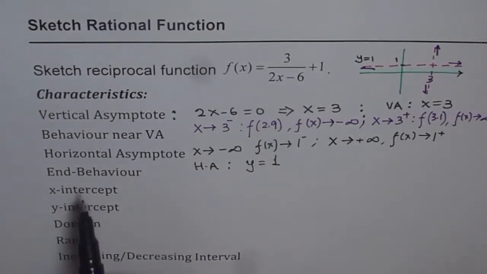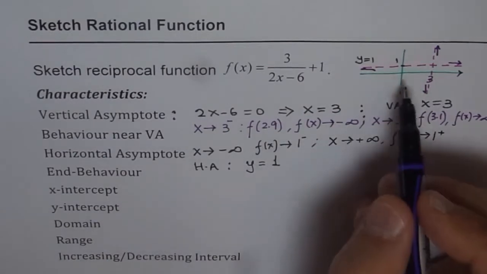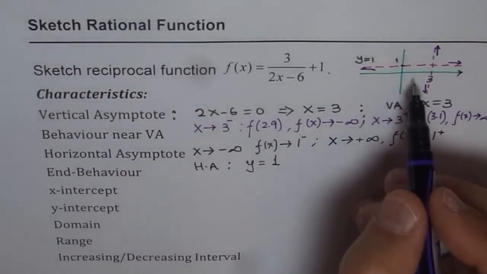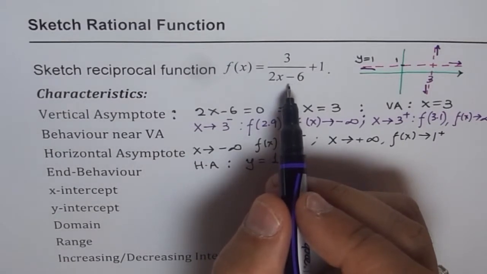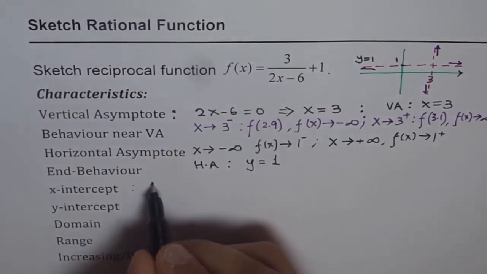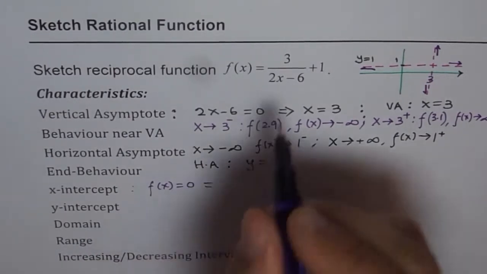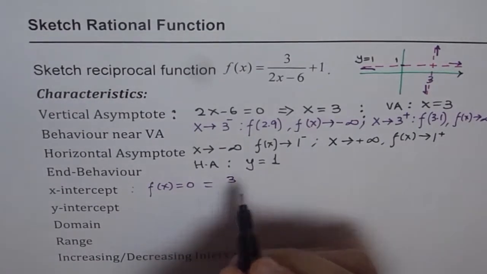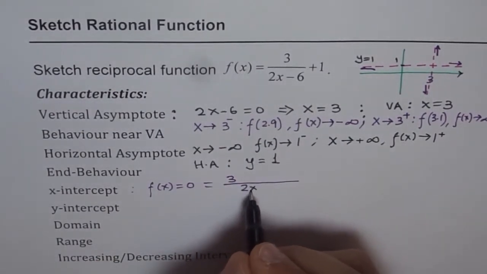Now let's find the x-intercept and y-intercept. The x-intercept is a point where the y value is 0. So you can put y equals 0 and find the x-intercept. Let's solve for it. That means f of x equals 0, and the right side is 3. So let's take a common denominator of 2x minus 6.